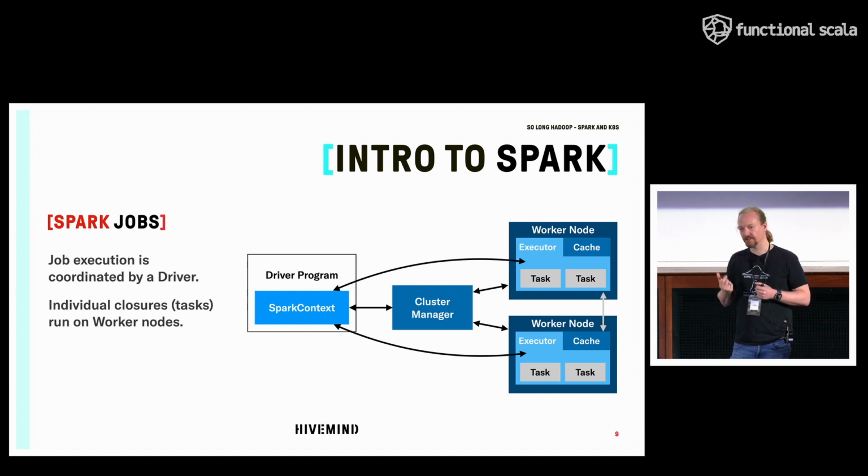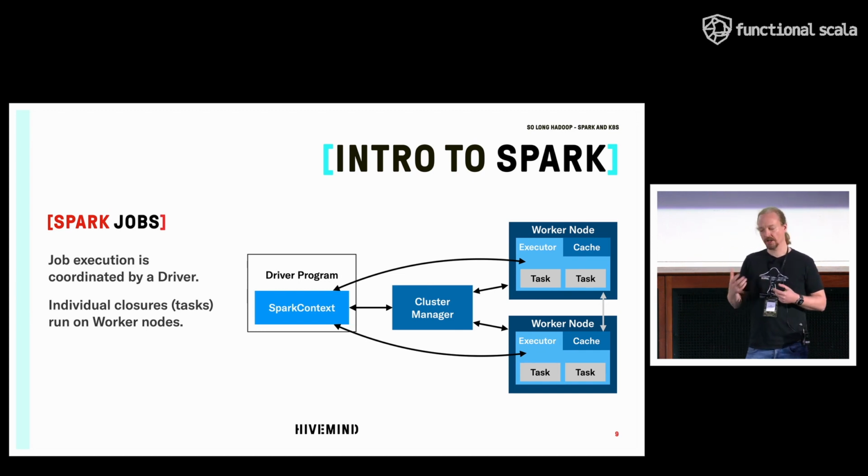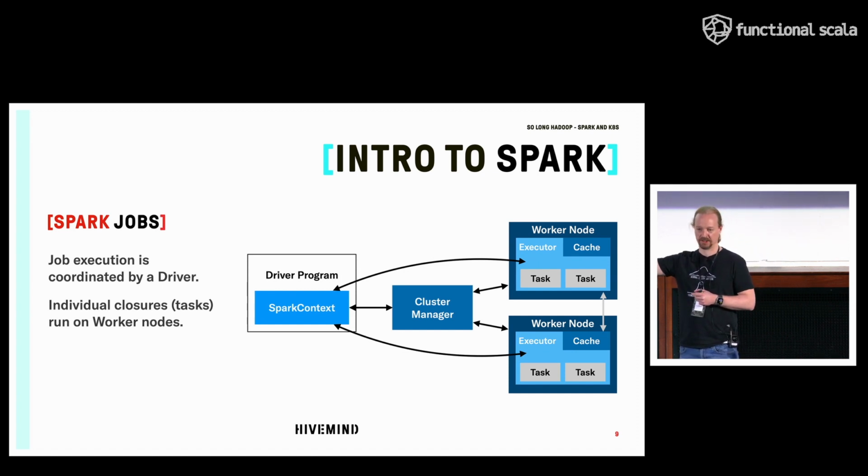So the interesting bit is that you get a distribution model out of the box, almost for free, when you actually run Spark. You don't have to bother about distribution. For each stage, Spark will plan the execution of your job, will ascertain that it completes, and then will pass on the next stage to the next worker node.